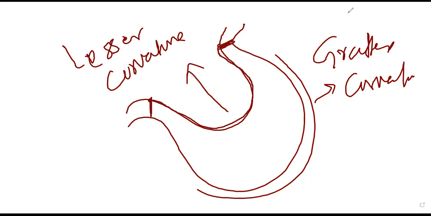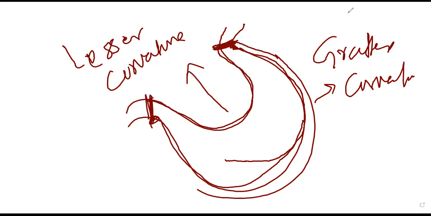This is pyloric area. And the greater curvature also extends from the cardiac orifice over the dome of the fundus, and the body along the left border of the stomach to the pylorus. So this is the location of the lesser curvature and the greater curvature. Both of the curvatures start from the cardiac orifice and extend to the pylorus.